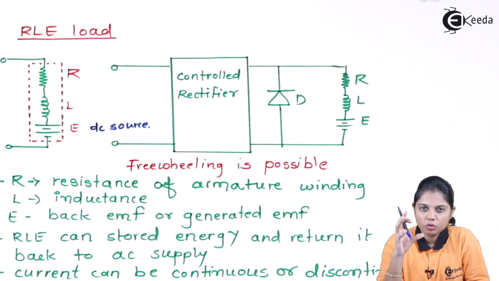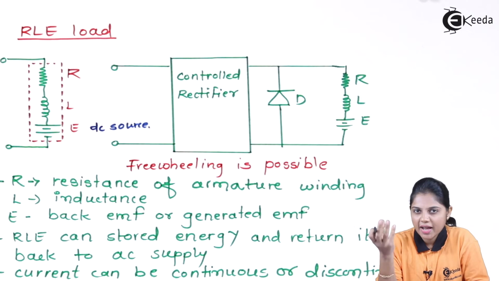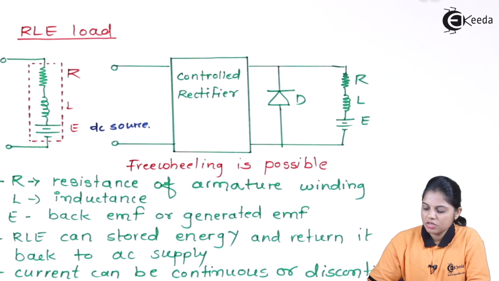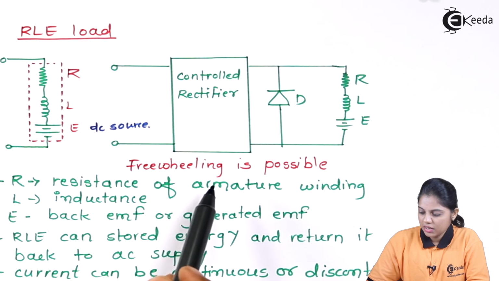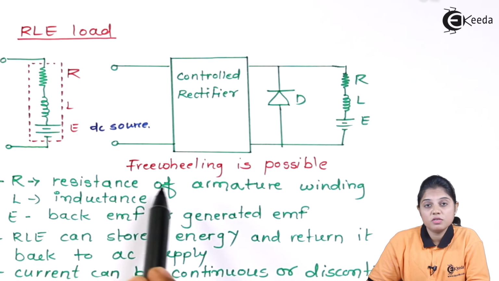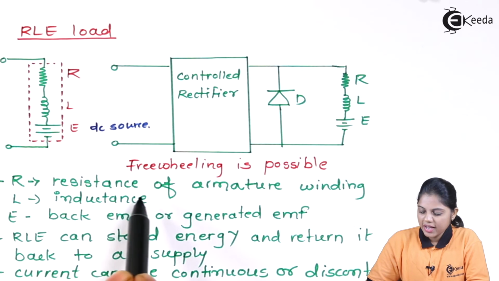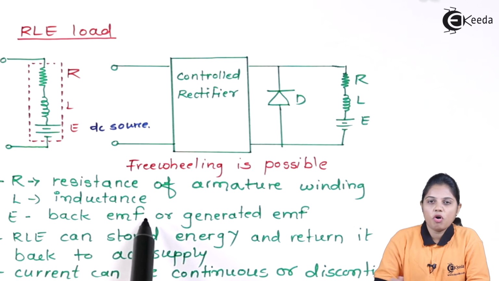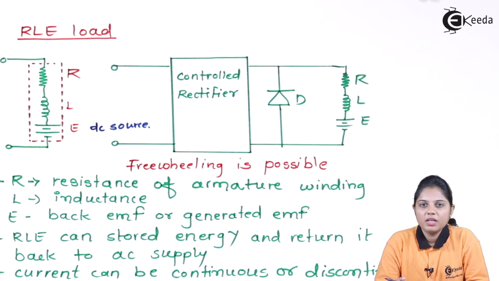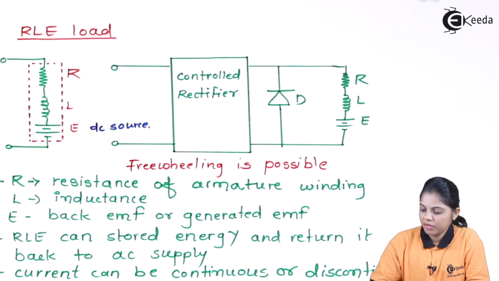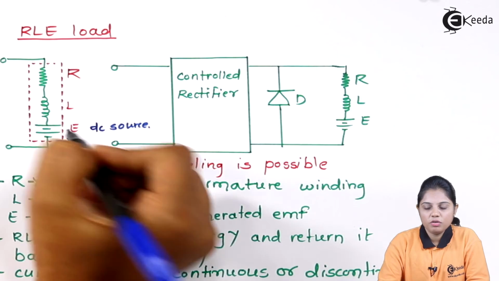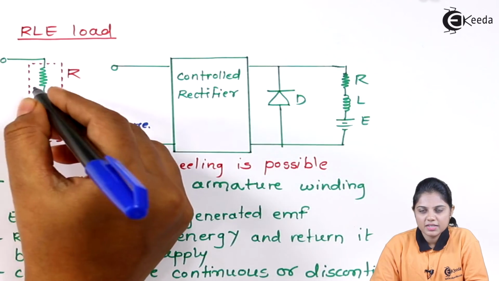If you have known for a DC motor, it has an armature where the energy is produced. So your resistance is this is the R stands for a resistance of a armature winding. Your L is a inductance, and E is a back EMF or generated EMF. If the current will flow from the device, it generates a EMF, and that EMF stands for a E, or you can say the DC source is connected in series.